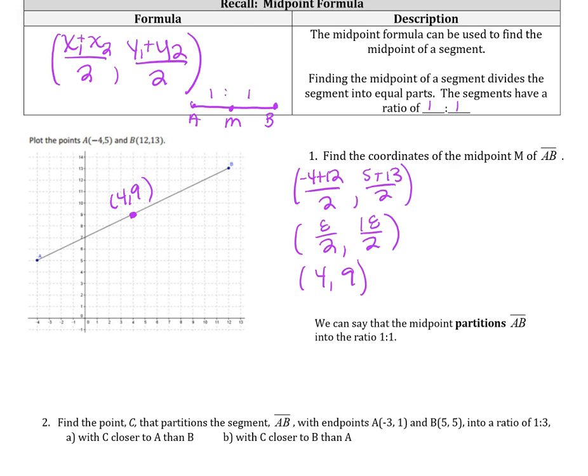Even just by visual inspection, you could figure out where that midpoint is. It has to do with the fact that if you were to create a right triangle out of this and take this segment and locate its midpoint, and take this segment and locate its midpoint, they would intersect at that location.